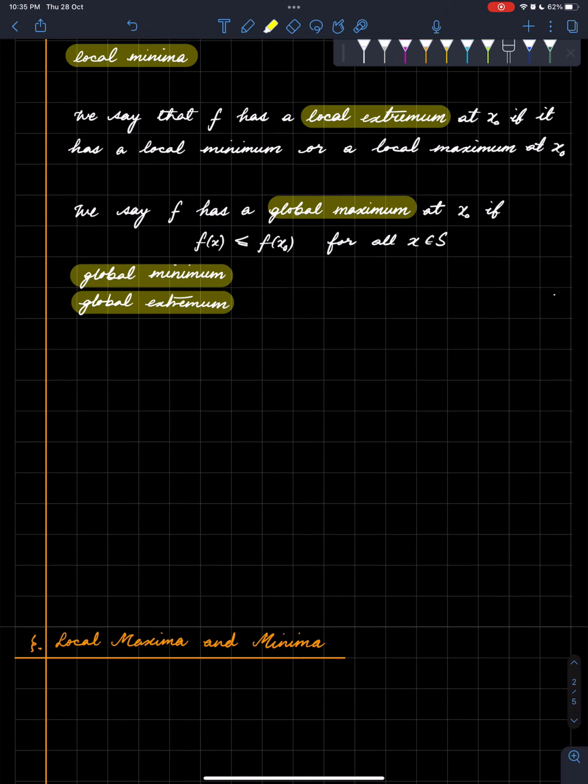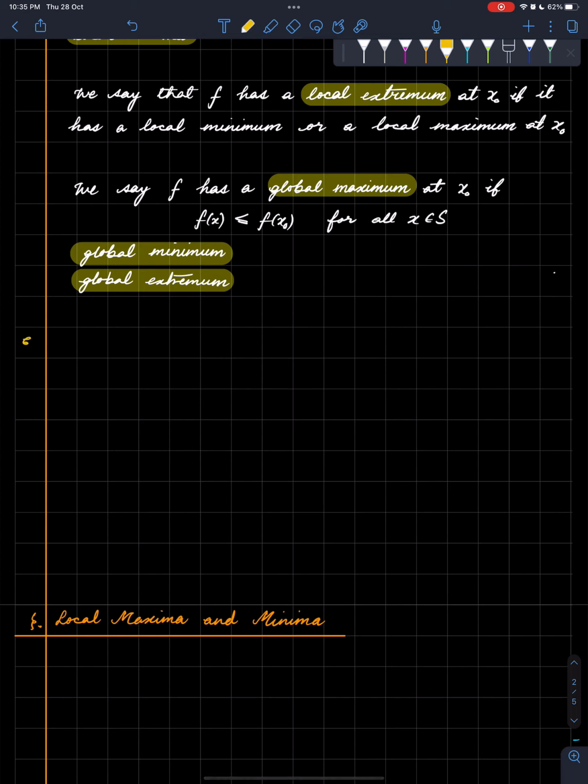Okay, and let us quickly take a very simple example. Let's suppose f is this function, which takes x to x. Then f does not have a local extremum at any point.